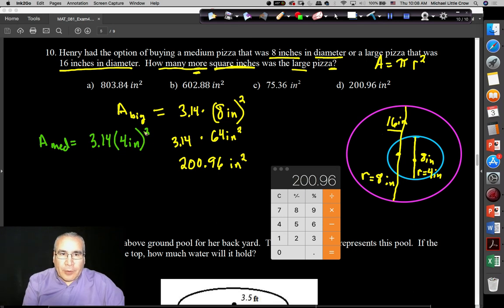We do the math. 4 squared is going to give us 16 inches squared times 3.14. So come back on over to the calculator, clear it out. 3.14 times 16, 50.24.